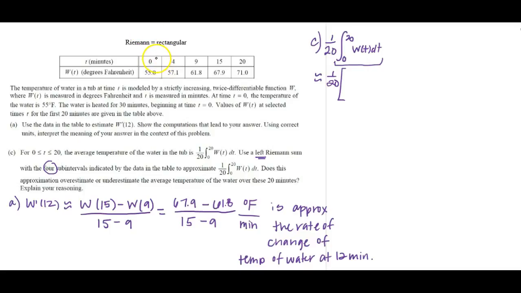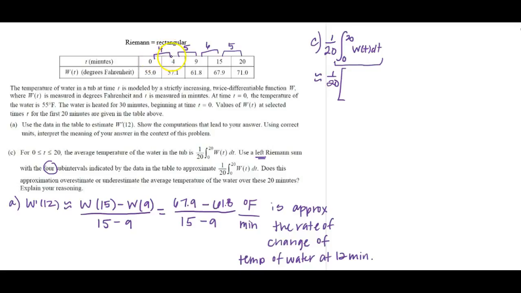I go to my table, and what I have to recognize is that just like last time, there is not a uniform delta x. Here are my 4 subintervals: between 0 and 4 I have 4, and between 4 and 9 I have 5. So I have to stop right there and recognize that I have to compute the area of each rectangle separately. Last time we did the area of each trapezoid separately. Here I have to do the area of each rectangle separately. So here's 6, and then here's 5.